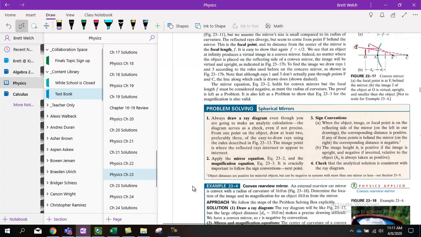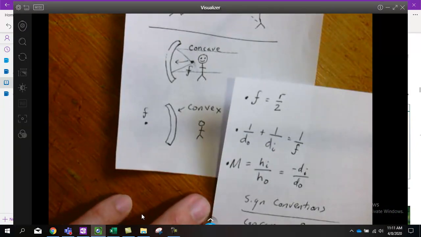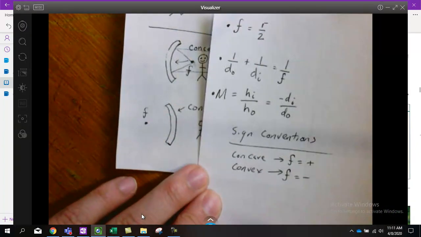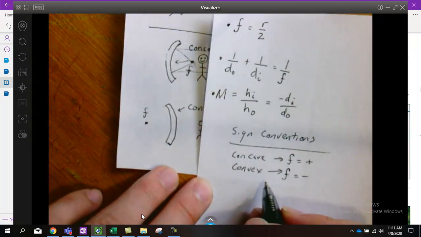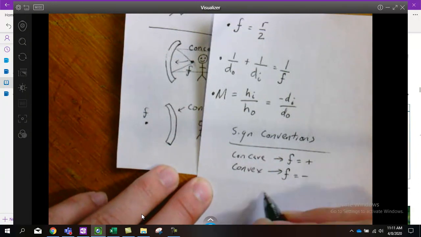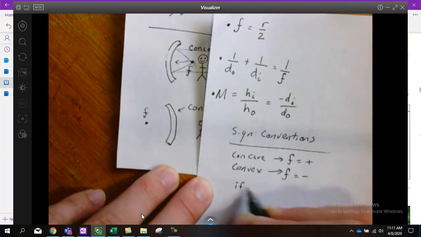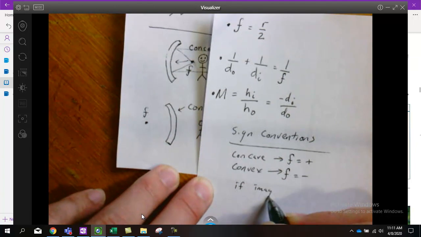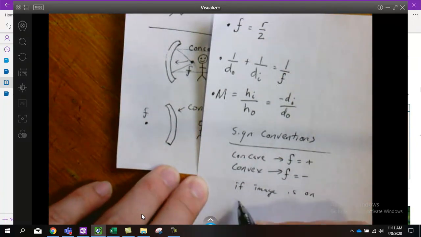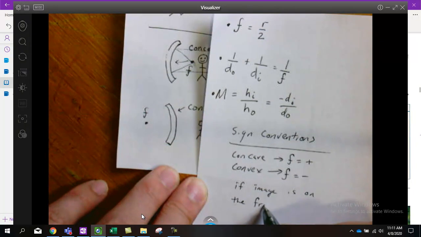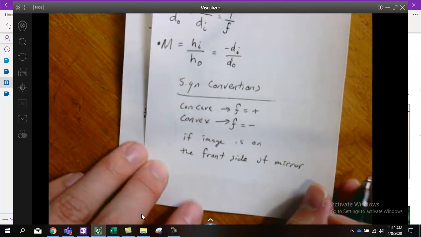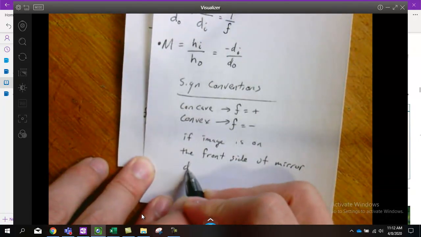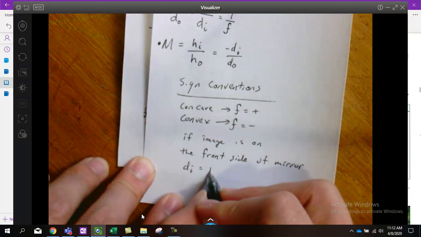Sorry, I'm on the wrong screen. There we go. For your sign conventions, concave is always going to be positive focal length, and convex will be a focal length that's negative. If the image is on what we're going to call the front side of the mirror, di will be positive.